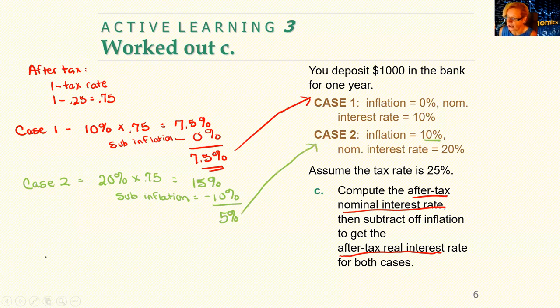Essentially, the first thing is to compute the after-tax rate. The second thing is to take your nominal interest rate times that after-tax rate. The third thing is to subtract off inflation.